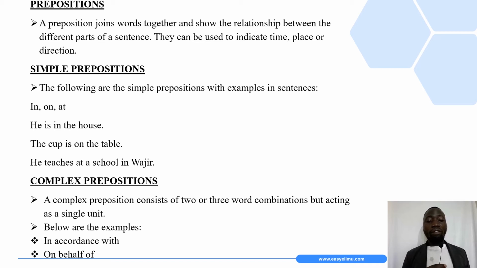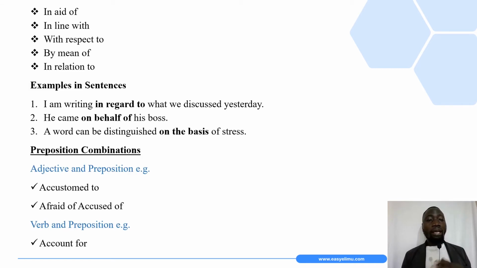So the first example we have is in accordance with. So in accordance with is a three-word complex preposition that is acting as a single unit. Then we also have on behalf of. So on behalf of is another three-word complex preposition that is functioning as a single unit.